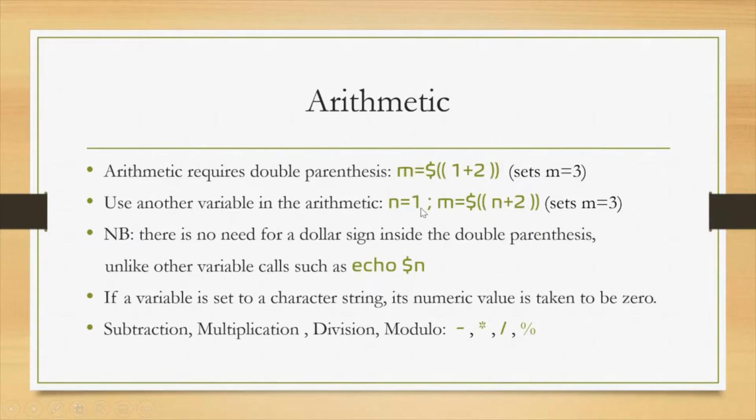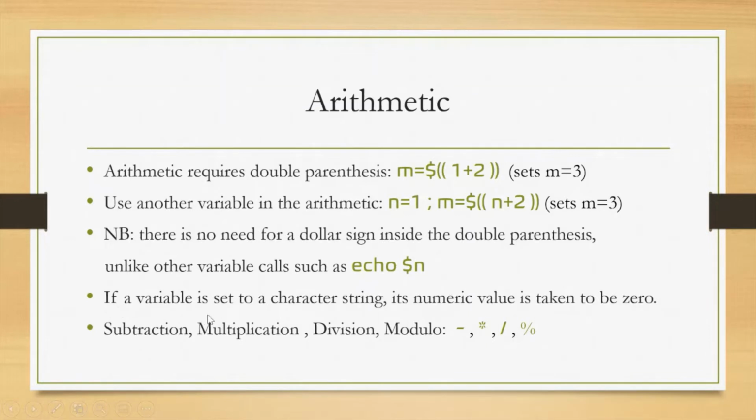So I assign n to 1, and I assign m here where I have n inside. Note that for arithmetic, since you already have the $ out here, you don't need the $ inside. You can directly just use n, which is slightly different from when you directly use the variable n.